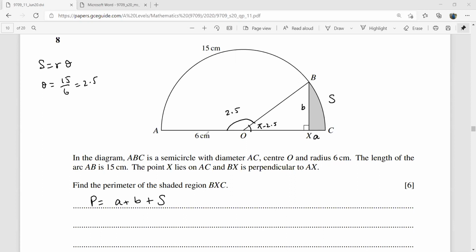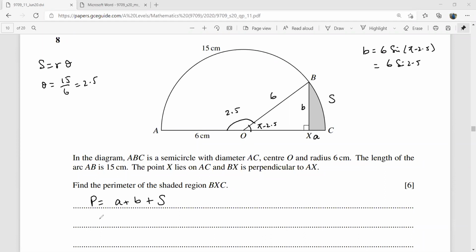Now we know that if this is 6, this is going to be 6 as well. So first of all, I'll be finding this B as B is going to be 6 sine pi minus 2.5. And you know that this is same as 6 sine 2.5. Don't calculate this right now.